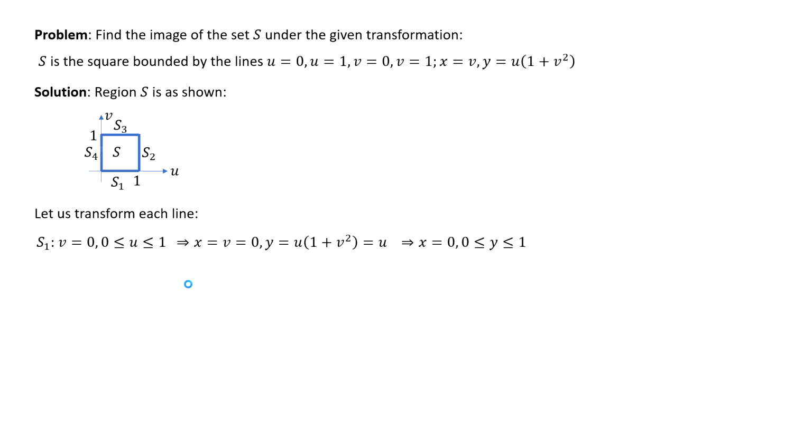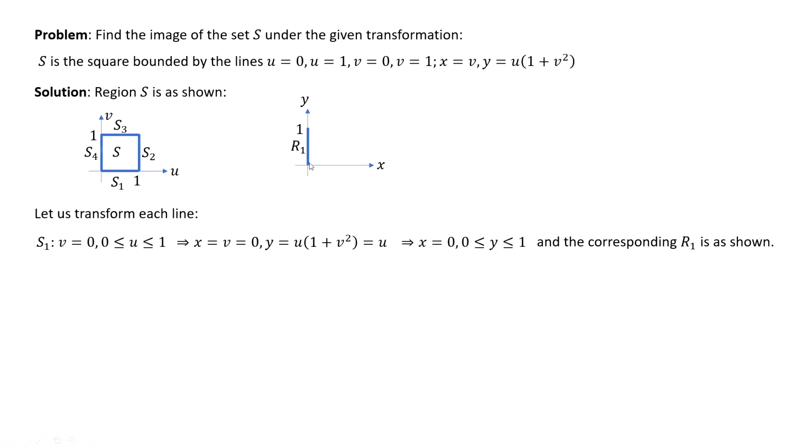So this is what we will summarize now. We'll say X equals 0 and 0 less than or equal to Y less than or equal to 1. And the corresponding R1 is this line segment.